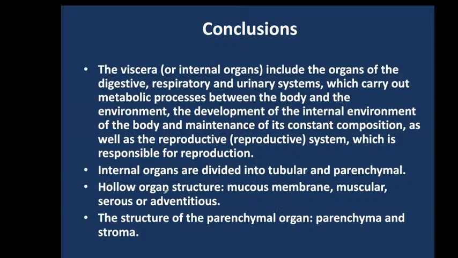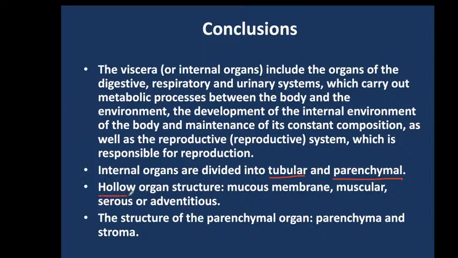And internal organs can be divided into tubular and parenchymal organs. This is very important. No other way. We have only tubular organs from one side or parenchymal organs from the other side.